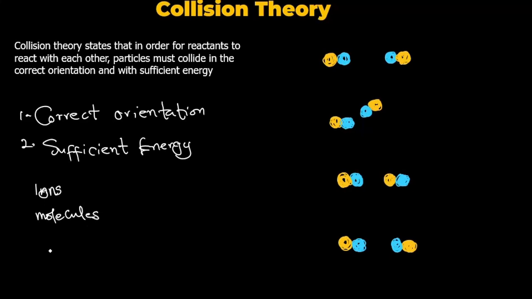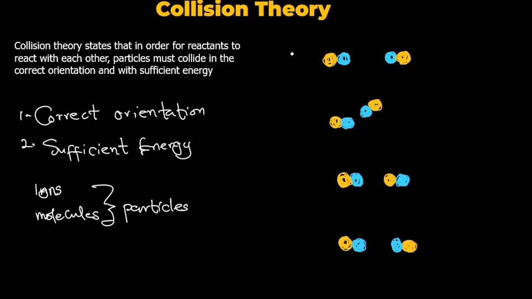They are in constant motion. And for a reaction to occur, they need to collide. And the collision needs to happen in a correct orientation, and they must have sufficient energy.